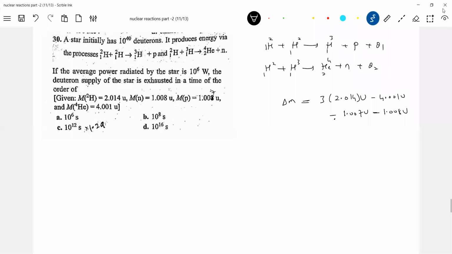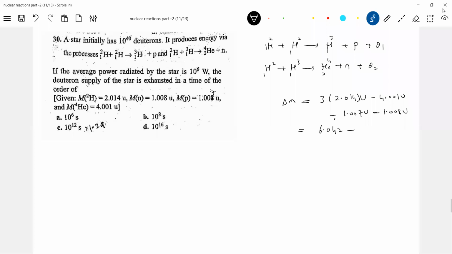Okay, let's do it. So we'll subtract this. 2.014 into 3 is 6.042, minus, we'll add up this to 4.001.